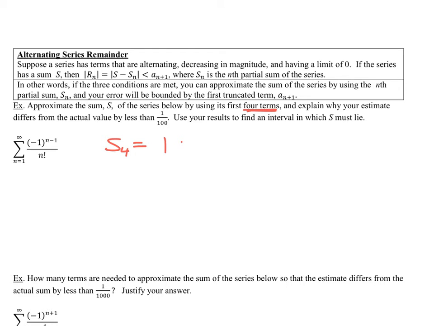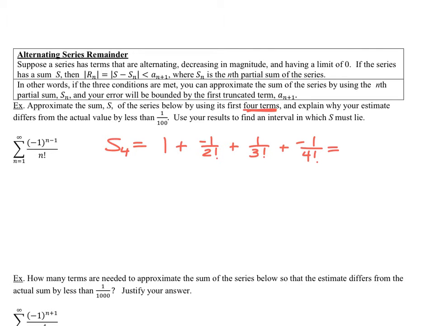The second term is going to be negative, so negative 1 over 2 factorial, plus positive 1 over 3 factorial, plus negative 1 over 4 factorial. So we're finding the sum of the first four terms. We'll have to crunch those numbers, but that's not the end of the world.